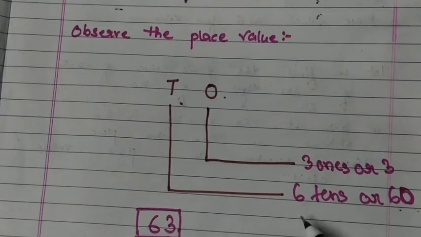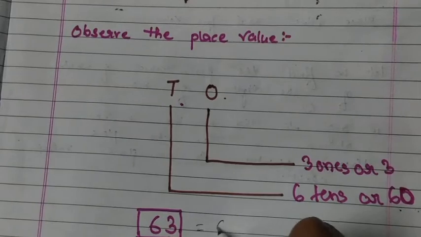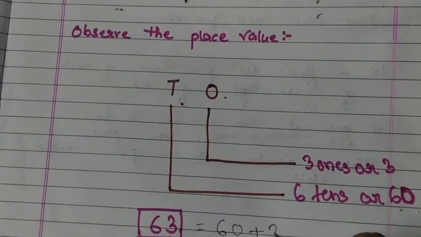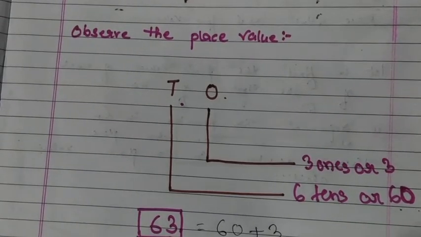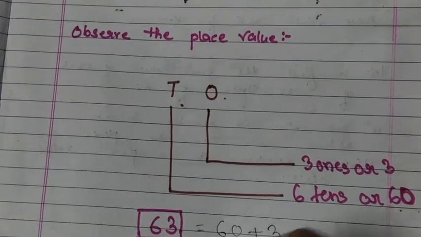Before 6 there is one digit, so we will put 0: 60. You can see like this, 63 equals 60 plus 3. 3 is for ones and 60 for tens.